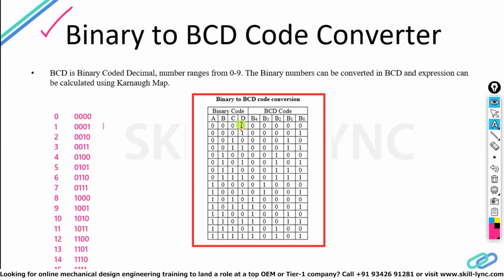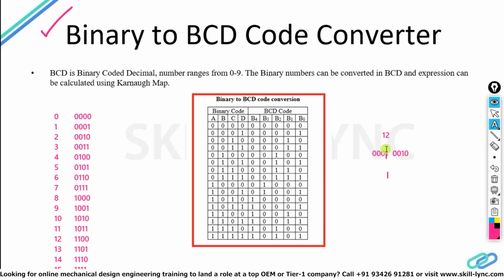BCD is a binary coded decimal number where each digit of a decimal number is shown as the equivalent binary number. So when I say it is 12, you will write 1 as 0001 and 2 in this way.